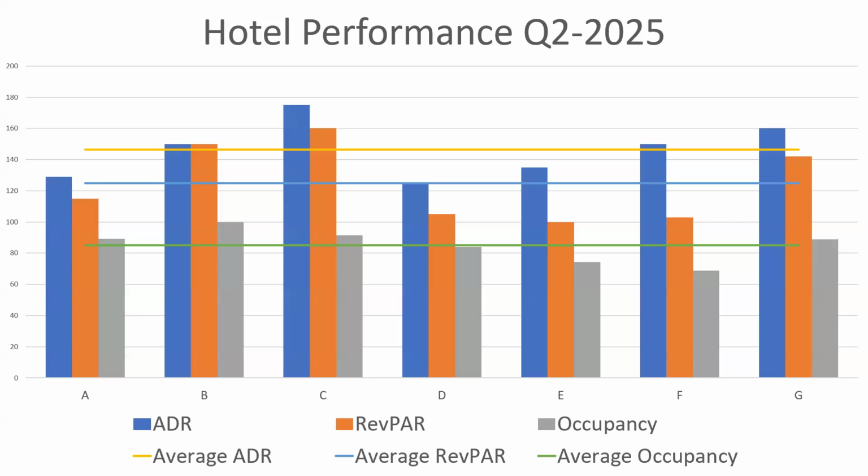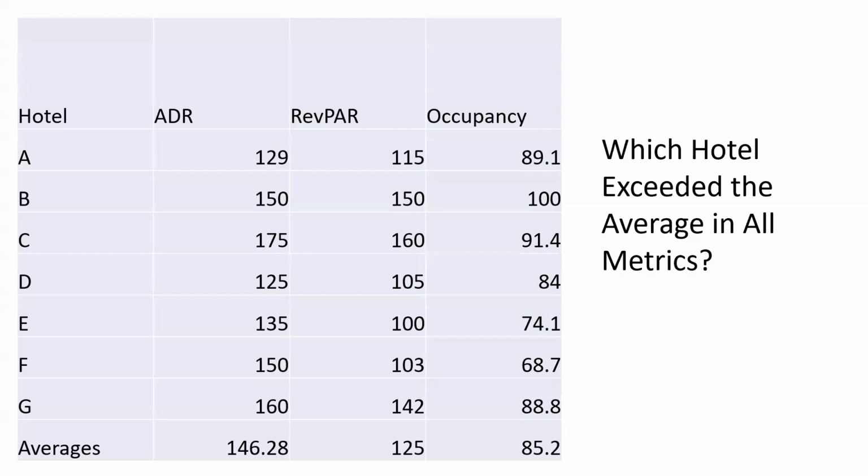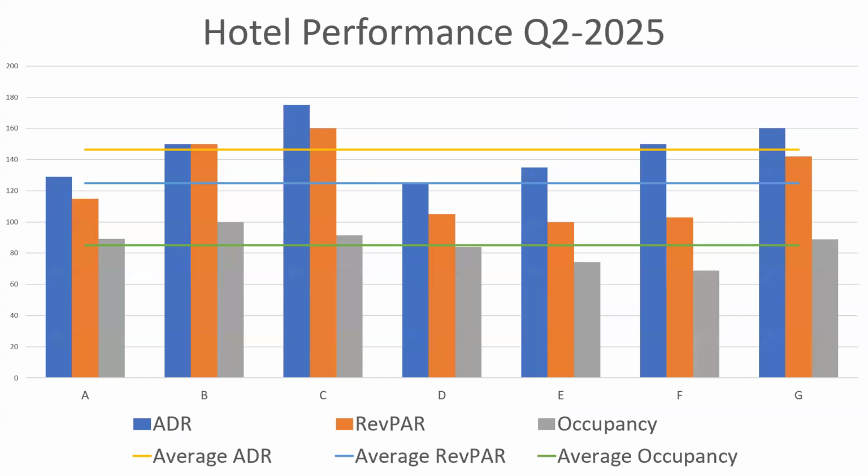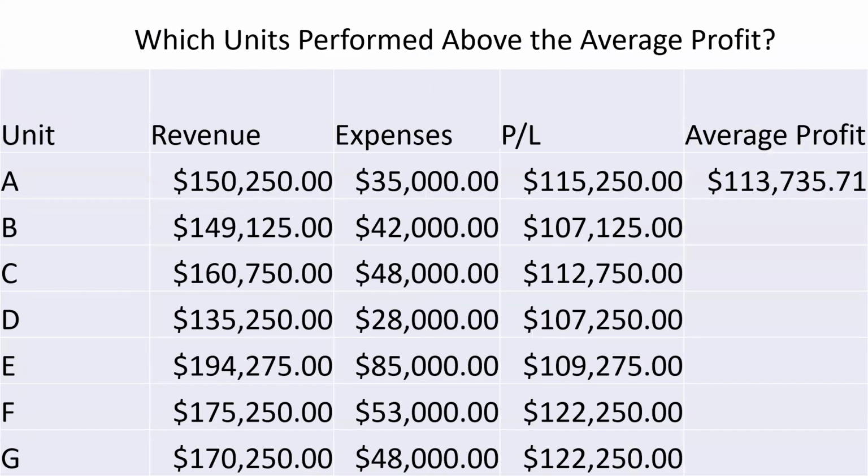Okay. So which one's easier to answer the question? The table or the chart? Chart's a little bit easier. Okay. So which units performed above the average profit?